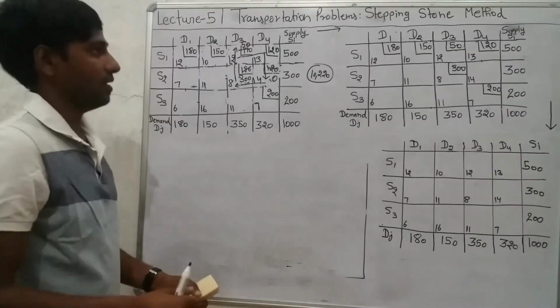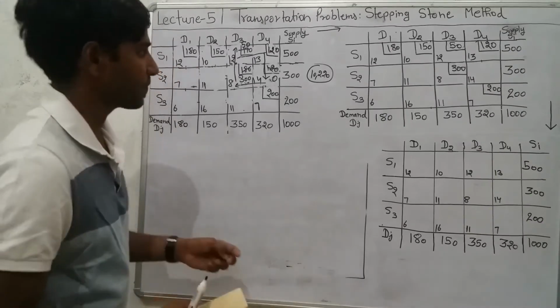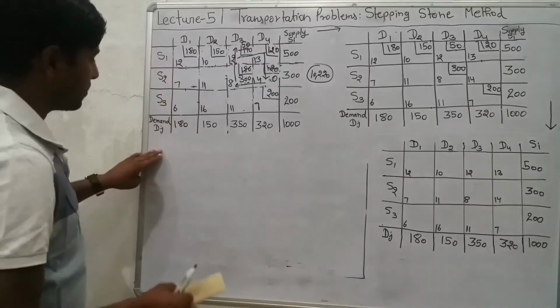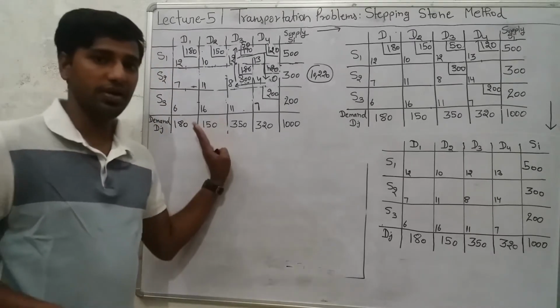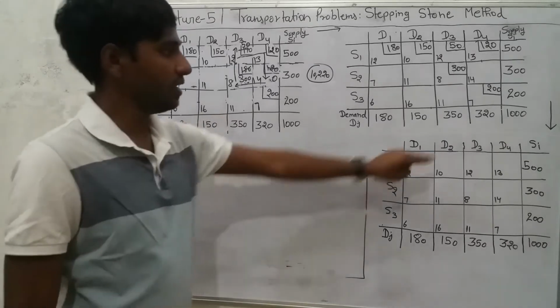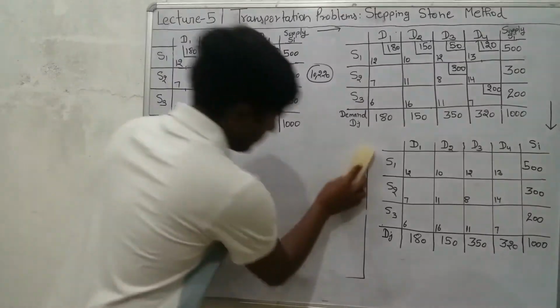So in management science, a lot of repetition of the task is there. We have calculated opportunity cost for all the empty cells for the initial feasible solution. Now we have to repeat all the steps for the improved solution. This one is the improved solution. So again, what we have to do?